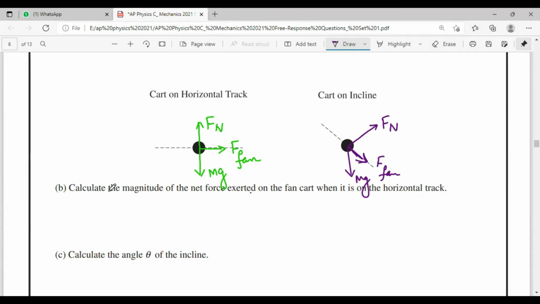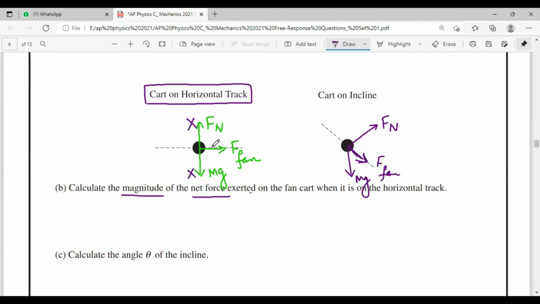Let us see the second question. Calculate the magnitude of the net force exerted on the fan cart when it is on the horizontal track. So when the cart is on the horizontal track, we have to find the magnitude of the net force experienced by the fan cart. See, this force and this force will cancel each other.